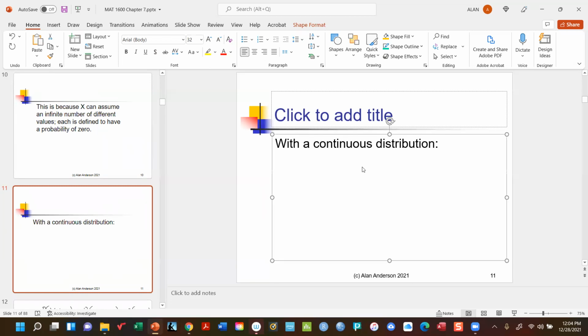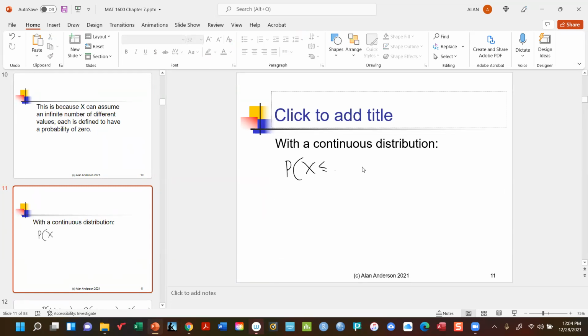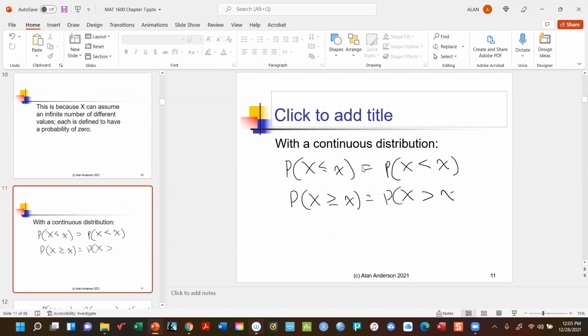The probability that x is less than or equal to some constant lowercase x is the same as x being strictly less than x, and vice versa. So unlike chapter 6, where that makes a big difference, here we don't have to make a distinction between less than or equal to and strictly less than, or greater than or equal to and strictly greater than, because they both ultimately mean the same thing. And that's something that takes a little getting used to.